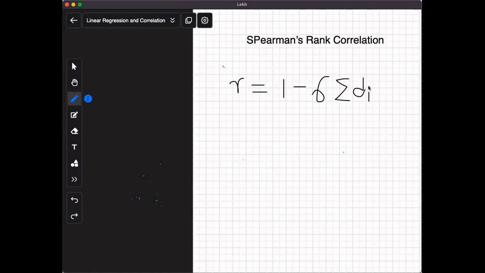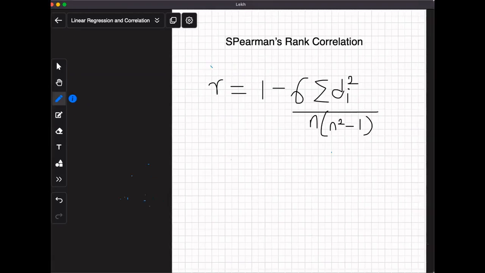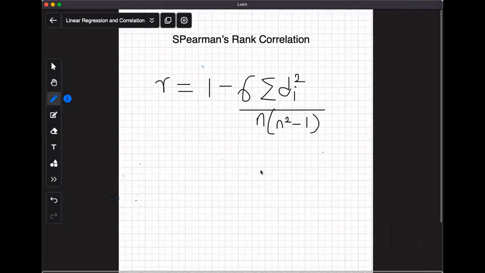In case you're checking some other book, and then you have n multiplied by n squared minus 1. Now, this is what it's going to look like. You'll be getting this difference in a way that we're going to be looking at shortly.